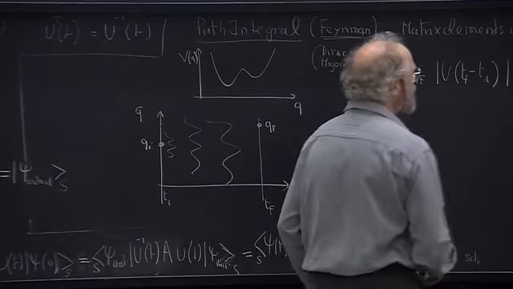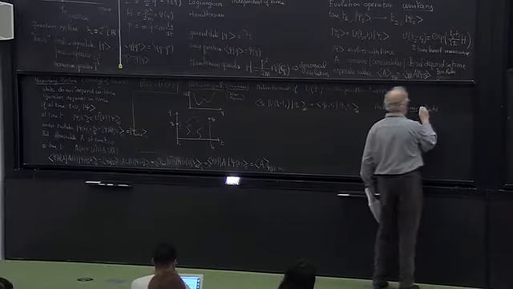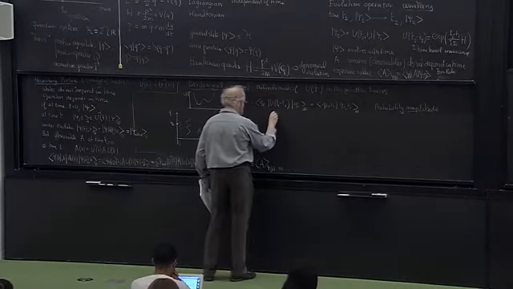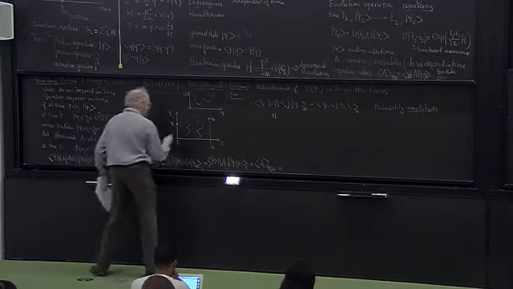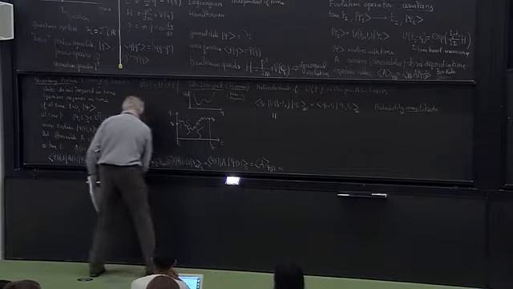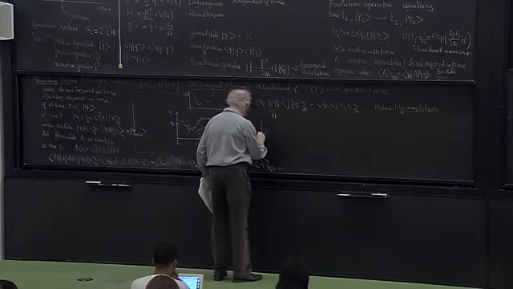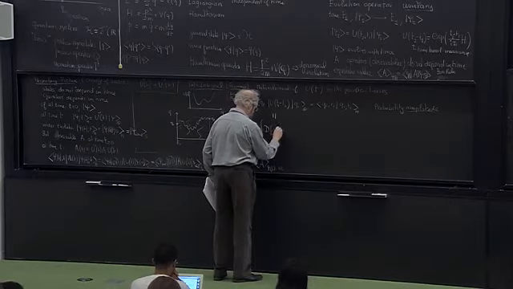It says that this probability amplitude, this number, can be written as a path integral, namely an integral over all possible classical trajectories, dq of time s, let's say.